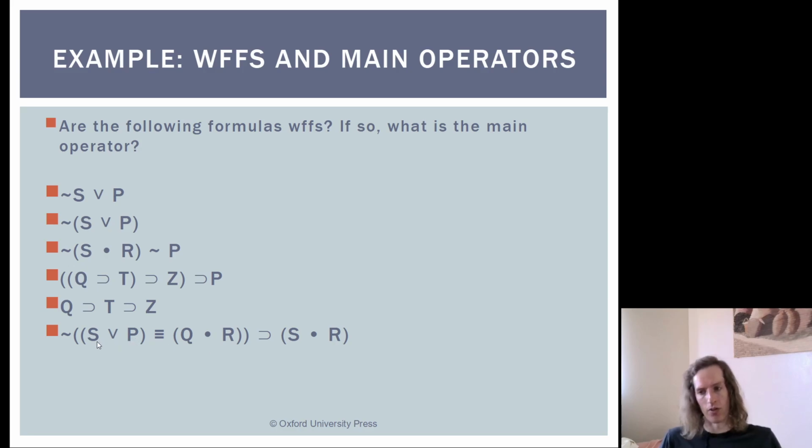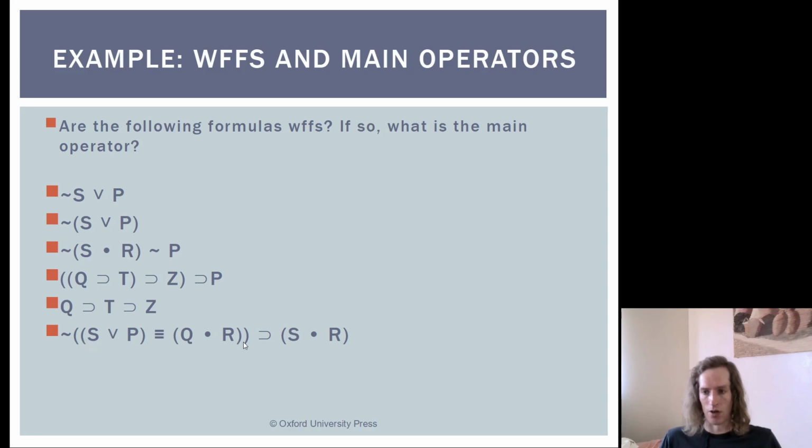All right. Inside here, first we've got S or P. S or P is a well-formed formula. Then we've got Q and R. Q and R is a well-formed formula. So if both sides of the biconditional are well-formed formulas, then the biconditional that connects the two well-formed formulas is itself a well-formed formula. So S or P, if and only if Q and R is a well-formed formula.